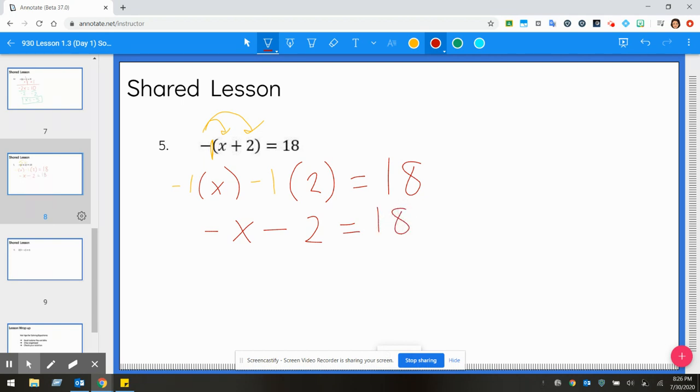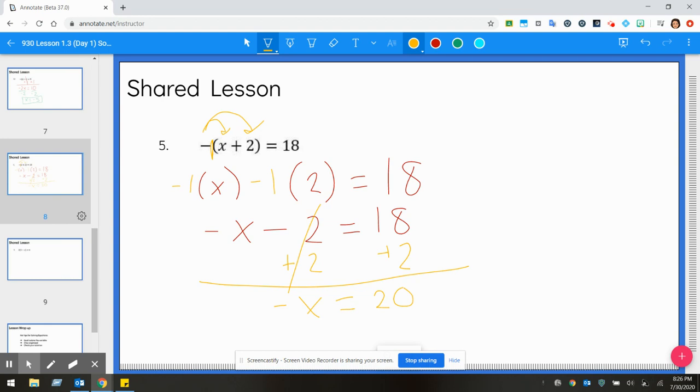So again, my goal is to get x by itself. So I'm going to go ahead and move this negative 2 to the other side. I have negative x, that cancels out, equals 20. Okay, x is not by itself right now. Right now, negative 1 is being multiplied to x, and I need to get rid of that negative 1 to isolate x.